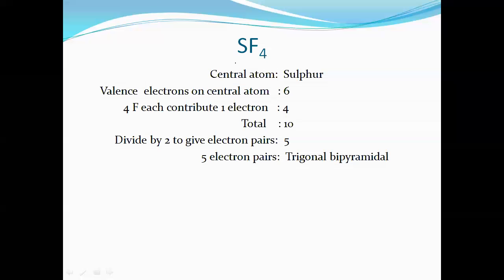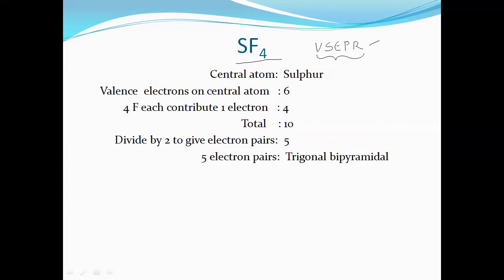Let's get to the topic. When we discuss the shape of sulfur tetrafluoride, that is SF4, according to valence shell electron pair repulsion theory, the theory is totally based on the presence of valence electrons and the repulsions between them in the valence shell.